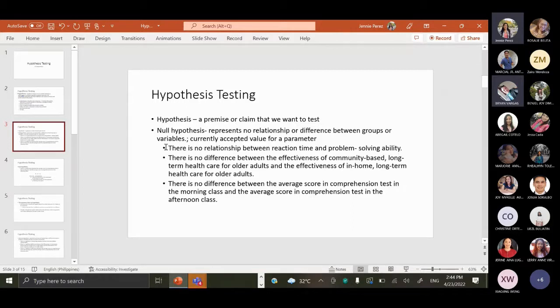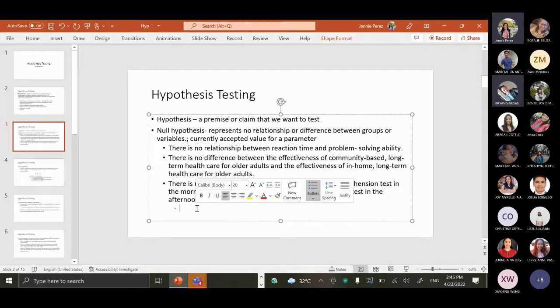So this is a null hypothesis. Why is this a null hypothesis? Because of this phrase, no relationship. When we say null, it means nothing. It states that there is no relationship. Another one: there is no difference between the effectiveness of community-based long-term healthcare for older adults and the effectiveness of in-home long-term healthcare for older adults.